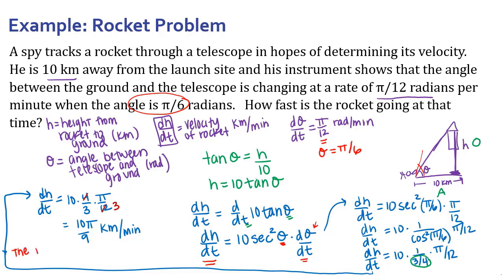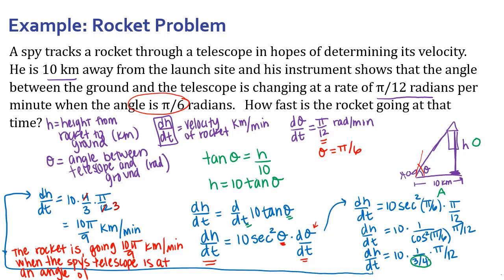So the rocket is going 10 pi over 9 kilometers per minute when the telescope is at an angle of pi over 6.